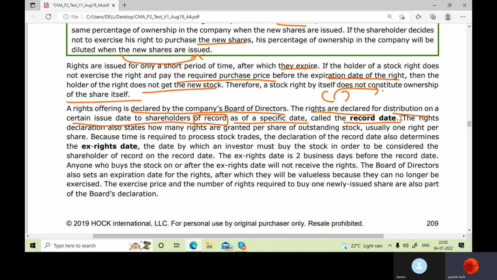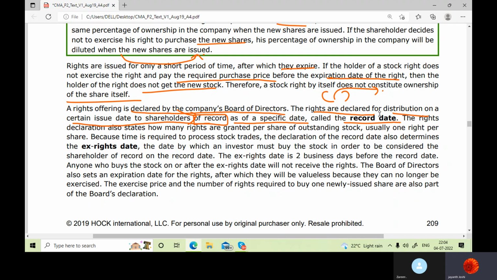They declare that they will distribute these rights, to shareholders whose names are recorded with the company. The date for the shareholders whose names are recorded in the books is called the record date.